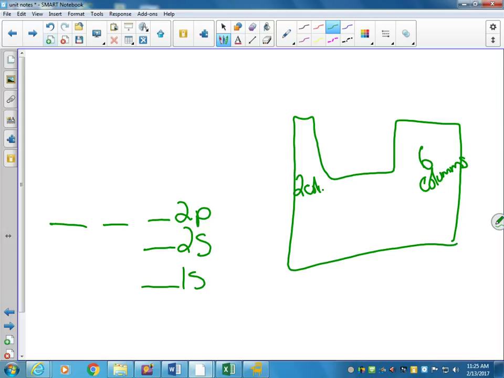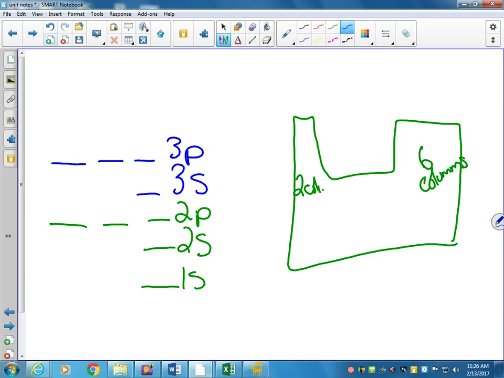So, how many electrons in an orbital? 2. So if you have 2 electrons, how many orbitals do you need? 1. Half the amount. So 1s, 2s, 2p. What comes next? We're at neon. 3s. How many lines or circles or squares do I need to draw? 1. What comes after 3s? 3p. How many lines do I need to draw?